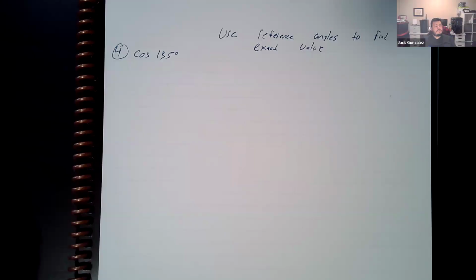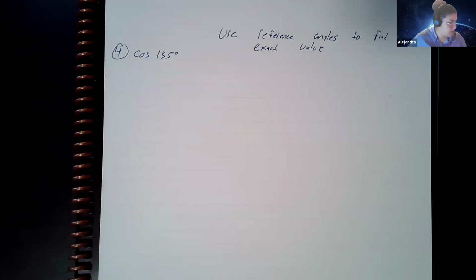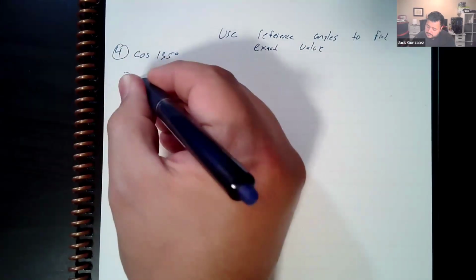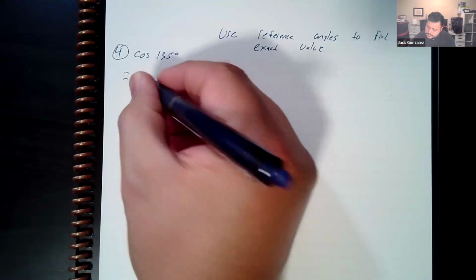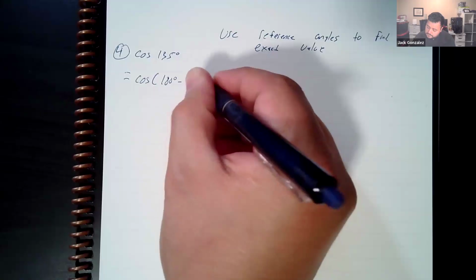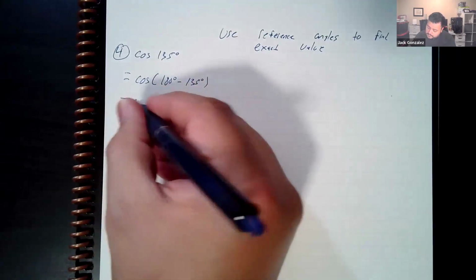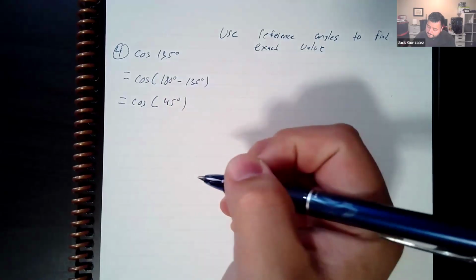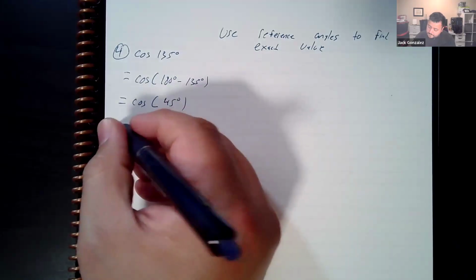If they wanted us to use reference angles, which I guess is fine, you said it's in quadrant 2, right? So we would subtract from 180. This is the same as cosine of 180 degrees minus 135, which is cosine 45, right?